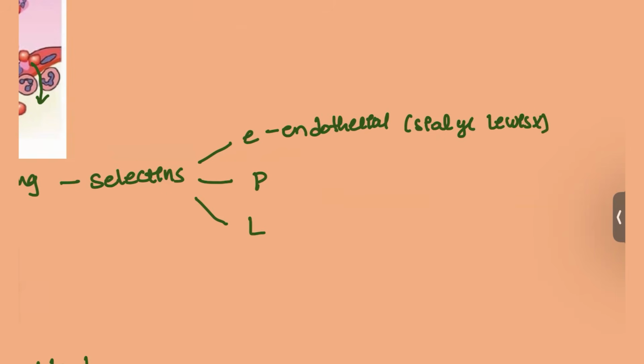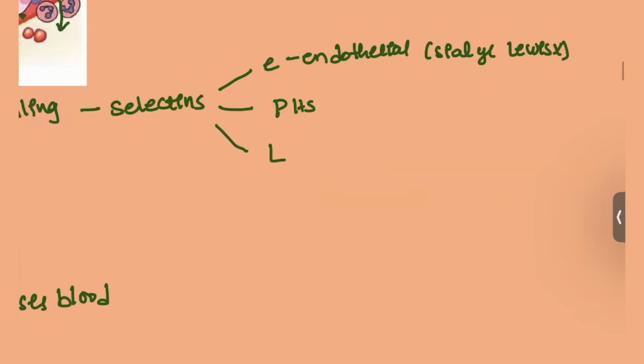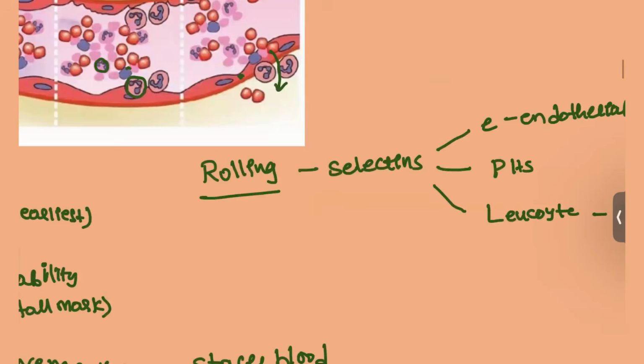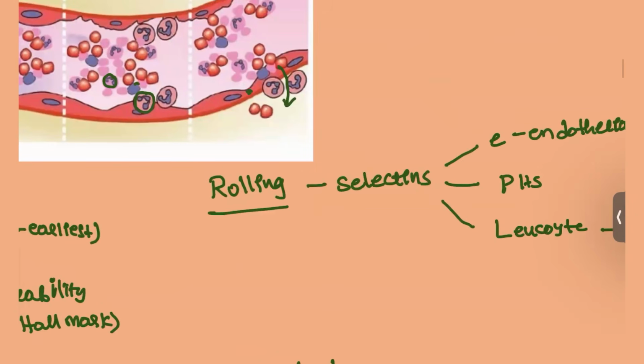Next, P-selectin, this is the platelets. And next, L for leukocyte, which will be associated with GlyCAM-1 and CD34. Okay, GlyCAM-1 and the CD34. Rolling is going to help in that particularly these neutrophils roll over onto the endothelium.